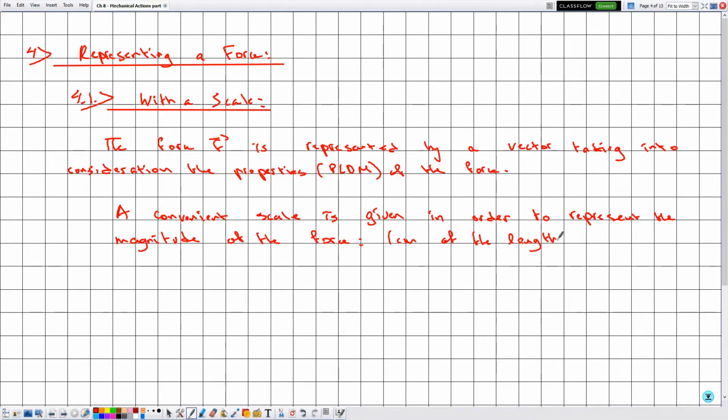Now I will clarify what is meant by this, of the vector properties. So 1 centimeter of the length of the vector represents a certain number of newtons.